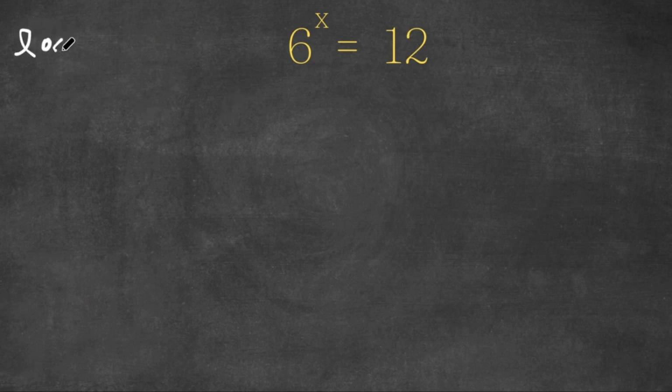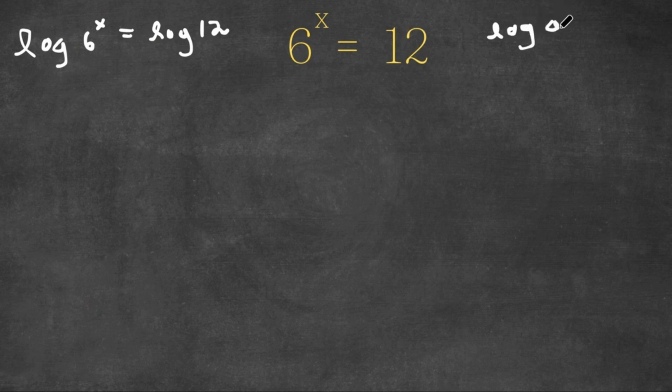So now we have log 6 to the power of x is equal to log 12. Now if we have a logarithm in the form log a to the power of m, using the power property of logarithms, we can actually move this exponent to the front of the logarithm.